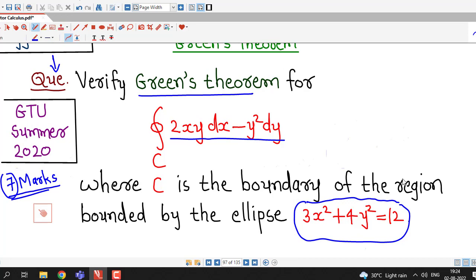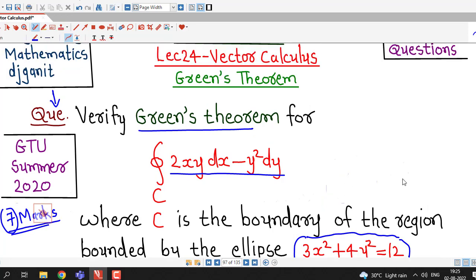Now here it is not specified which form of Green's theorem we have to verify.